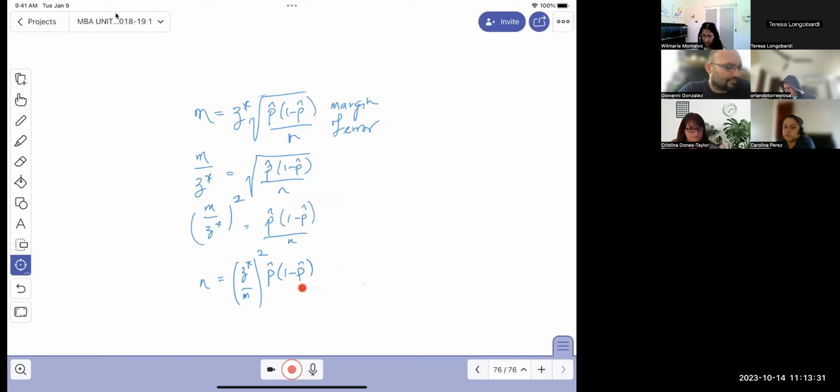And then it depends on this. So P, what is P? Now I have it as a hat because I borrowed it from the formula for the confidence interval, but I don't necessarily have a sample, right?